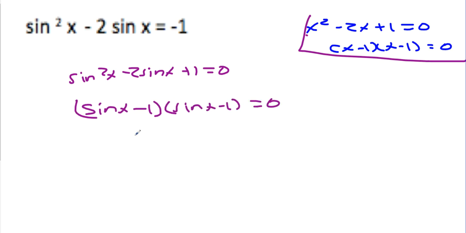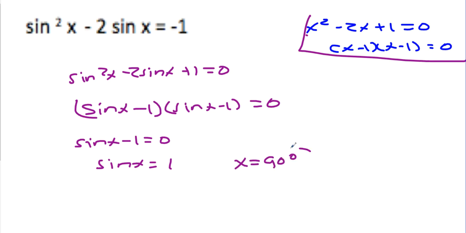Well, these are the same, so I'm just going to set 1 equal to 0. I don't have to set both. Add 1. And then you look on your unit circle, and you're going to find that x has to be 90 degrees. Okay, moving on.